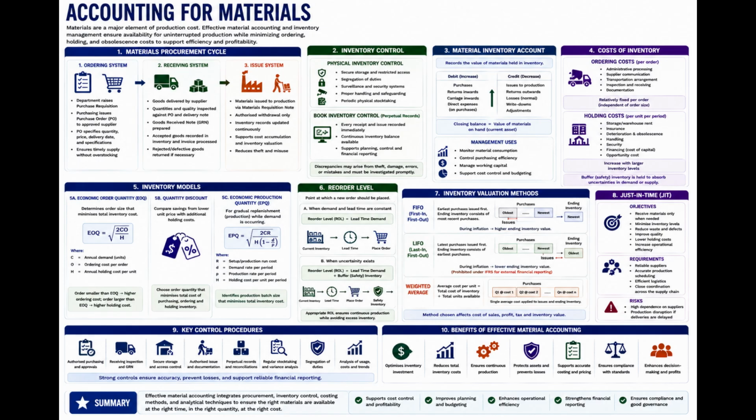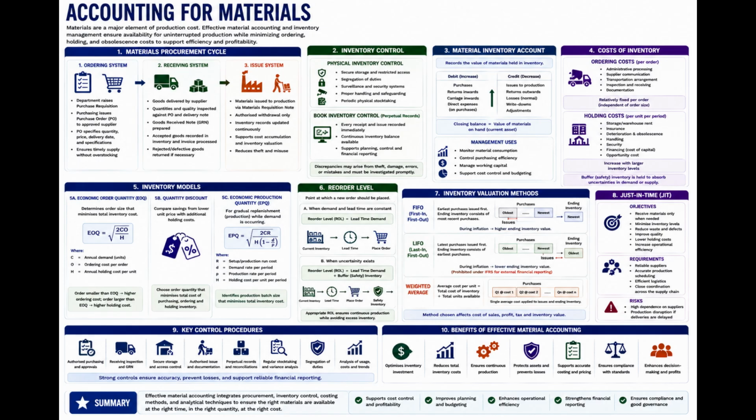The classical EOQ formula, where C represents annual demand, O denotes ordering cost per order, and H represents annual holding cost per unit. Ordering quantities below EOQ increase ordering frequency and administrative costs, whereas larger orders increase holding costs. EOQ therefore provides the most cost-efficient inventory policy under stable demand assumptions.